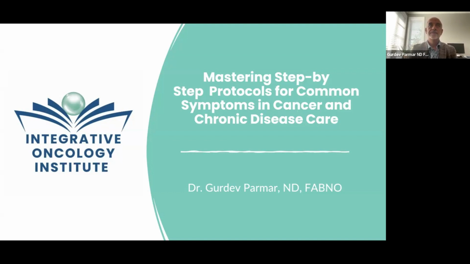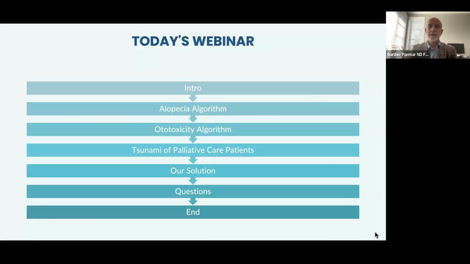So this is the flow for today. There's going to be a brief introduction. We're then going to go into two of the algorithms that make up the 26 algorithms that are in this course.